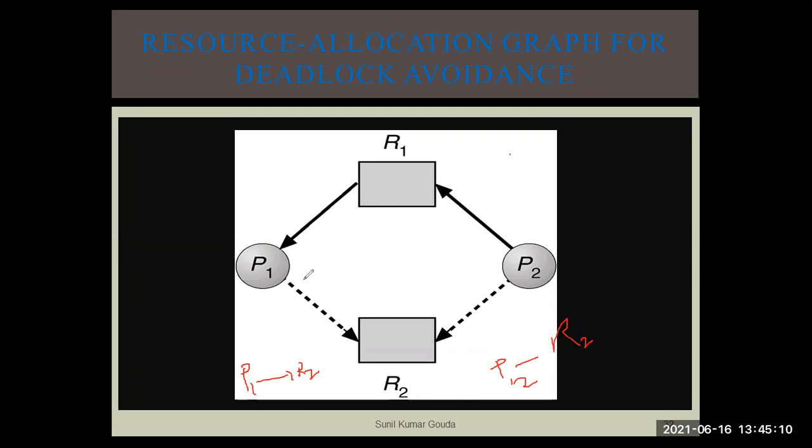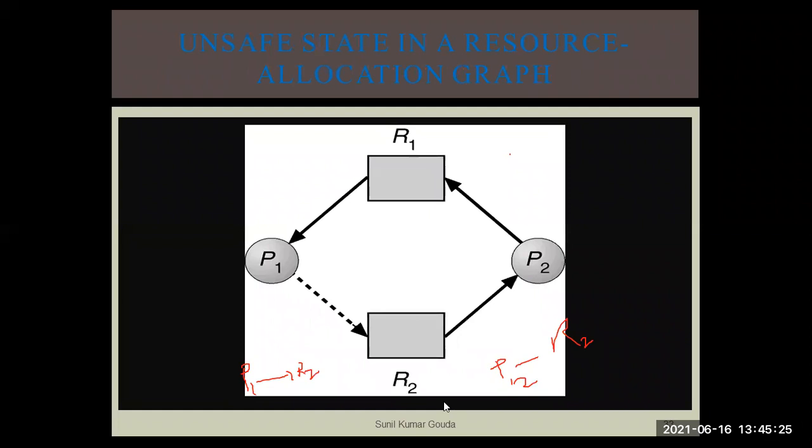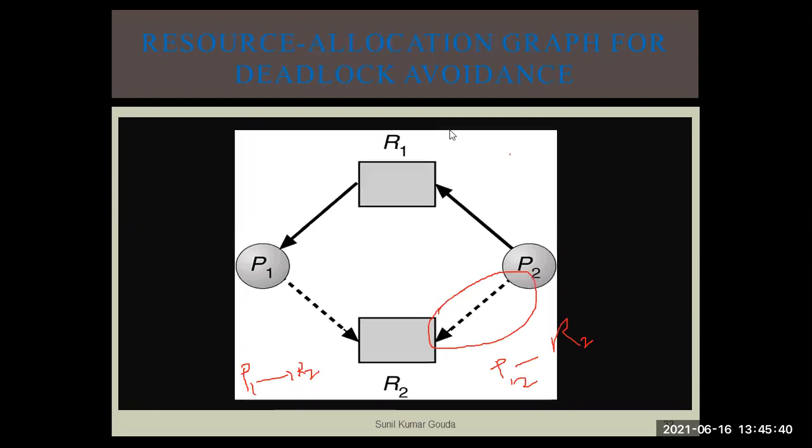Once it makes a request, this dotted line will be converted to a request edge. You can see in the next slide what happened. Once P2 makes a request, the dotted line is converted to the request edge. In the previous graph it is a dotted line, so it is claiming R2.